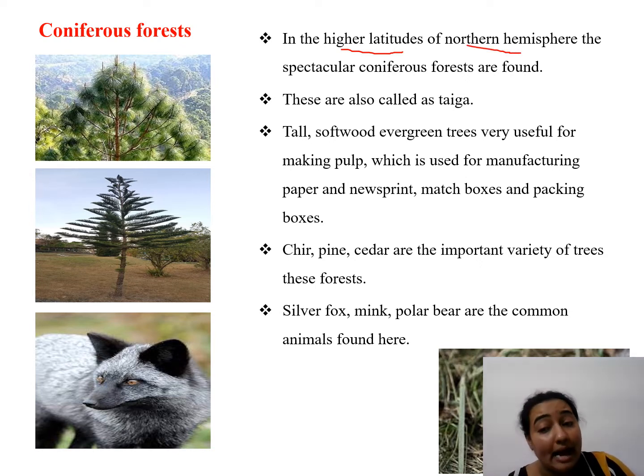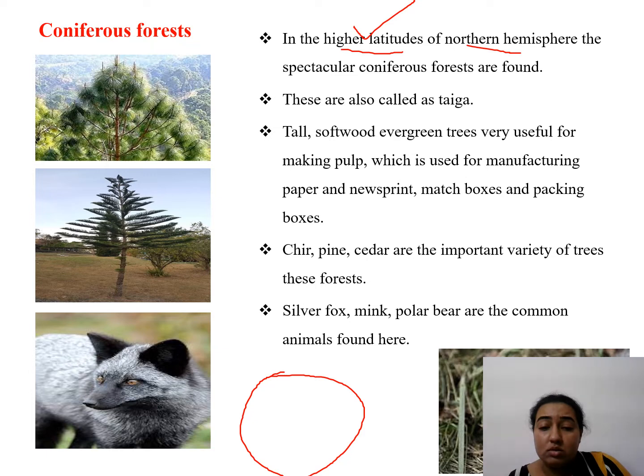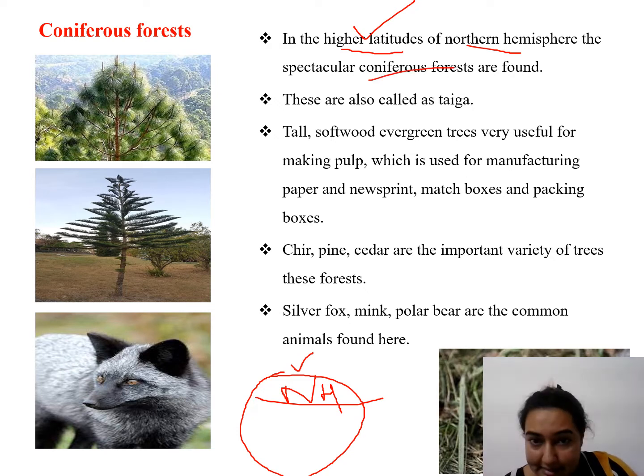When I say higher latitudes, immediately it should ring a bell that it is found in extreme winter areas in the northern hemisphere. On this globe, suppose this is the northern hemisphere, right? This area is near the Arctic Circle. So coniferous forests are found in the Arctic Circle.